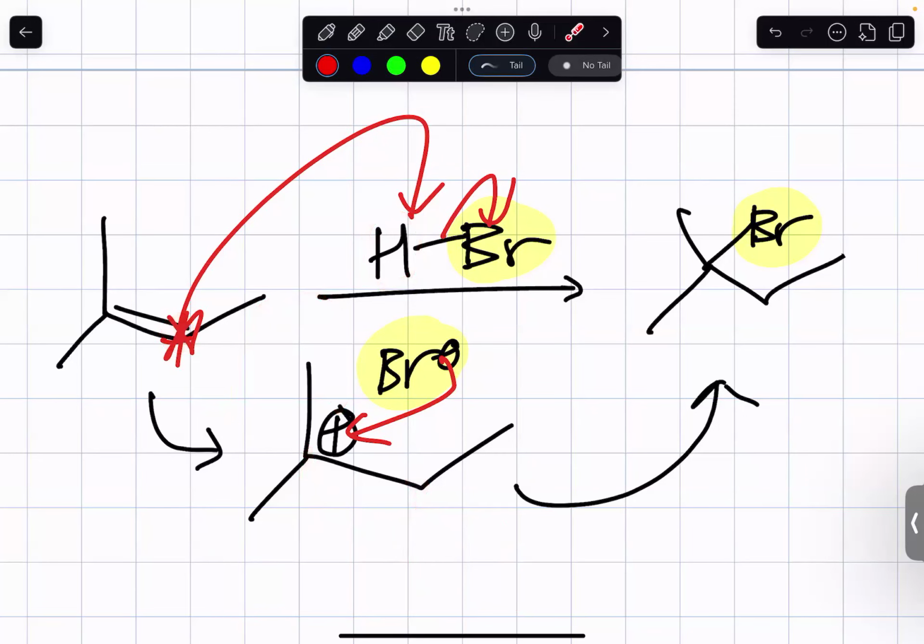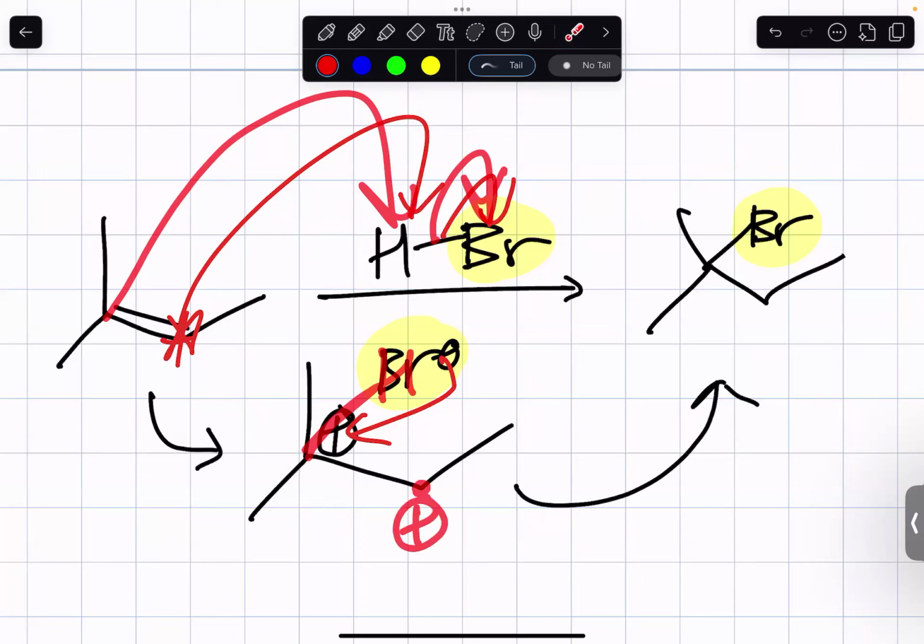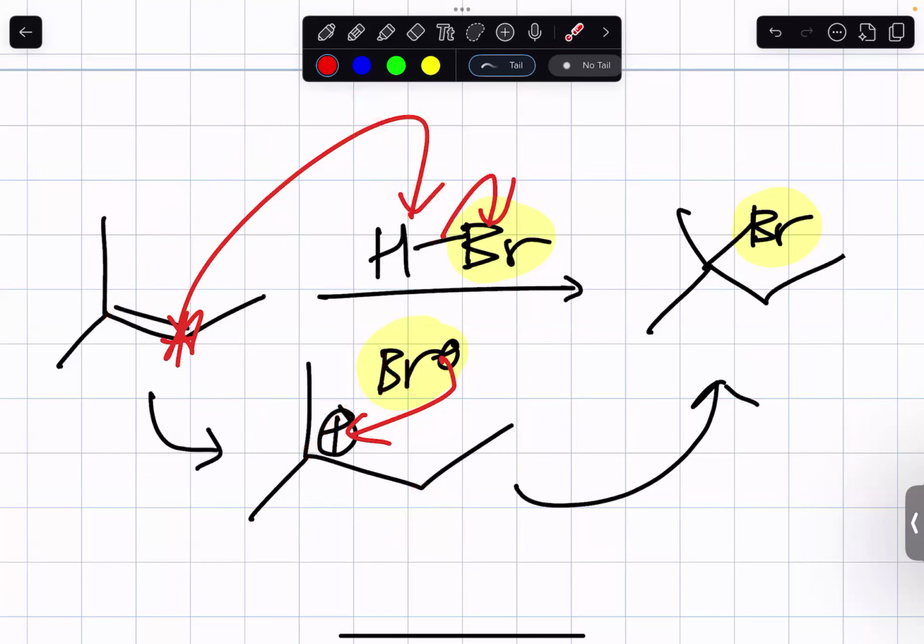If, however, we used the more substituted side to grab the hydrogen from the HBr, kicking that out, the more substituted side would have the hydrogen instead, and the less substituted side would lose a bond. That less substituted side would have the carbocation, which is less stable. So we used the less substituted side of the alkene to grab the H from HBr, so then the more substituted side can lose a bond and have the more stable carbocation at that position.